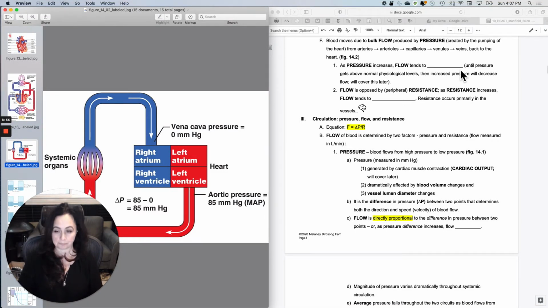Okay, so the relationship that we are going to see is that flow equals the change in pressure, or the difference in pressure between 2 points, over resistance. So let's do a little whiteboard.